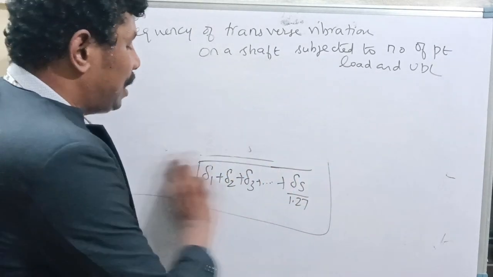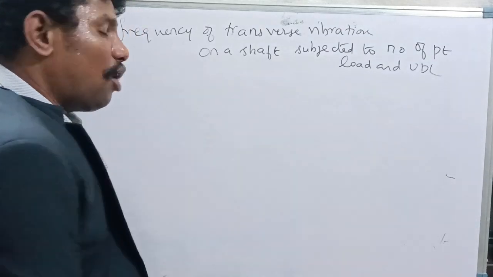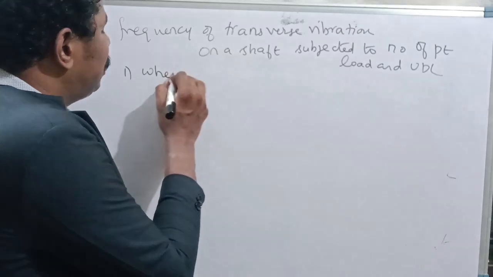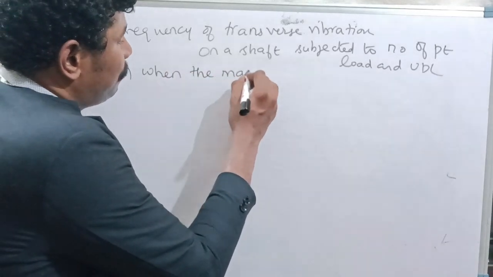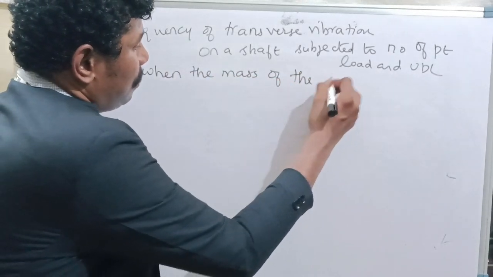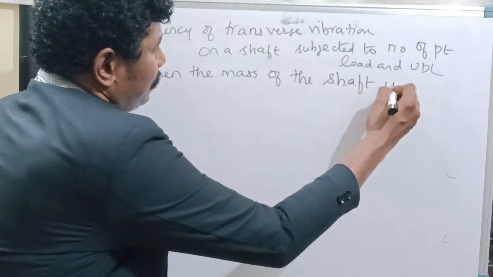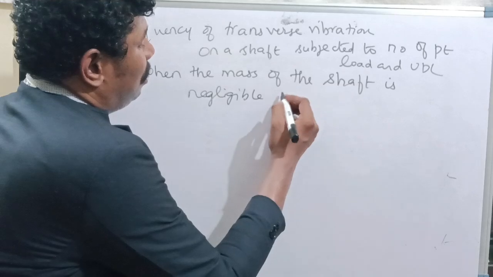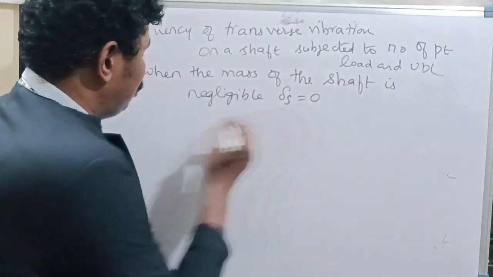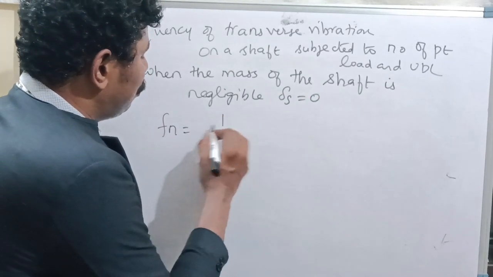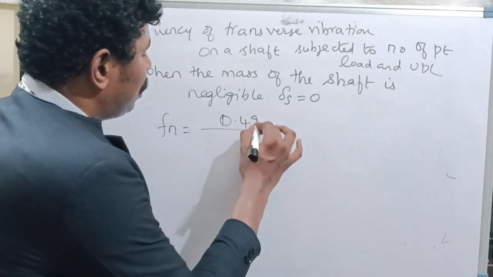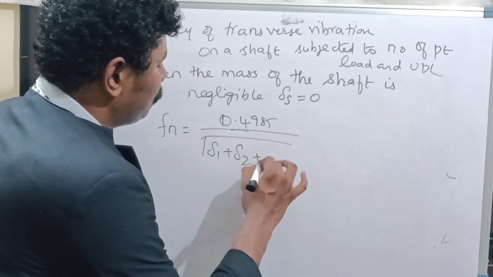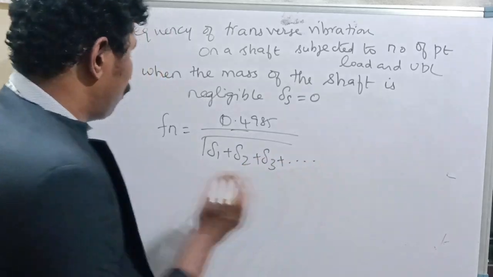There will be certain conditions where this formula can be further reduced, when the mass of the shaft is negligible. In this case, delta S will be equal to 0. So the formula is frequency equals 0.4985 divided by root of delta 1 plus delta 2 plus delta 3 and so on.